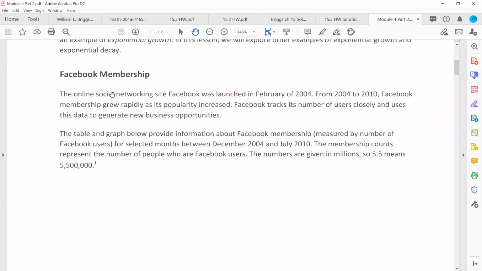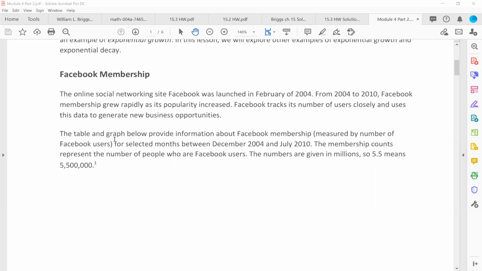Facebook membership. The online social networking site Facebook was launched in February of 2004. From 2004 to 2010, Facebook membership grew rapidly as its popularity increased. Facebook tracks its number of users closely and uses this data to generate new business opportunities.